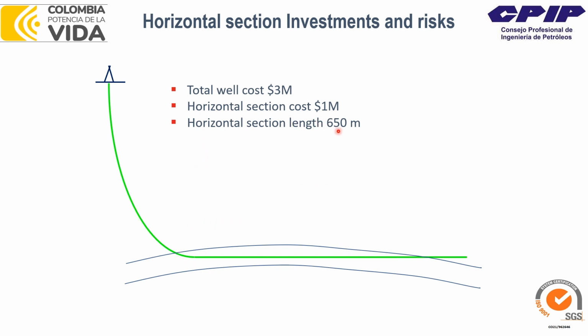And the section length is 650 meters. Now let's imagine that we just lost 65 meters out of 650, which is 10%. Okay, so now the question to you. Having lost this 10% of the horizontal section, how much money did we just lose?